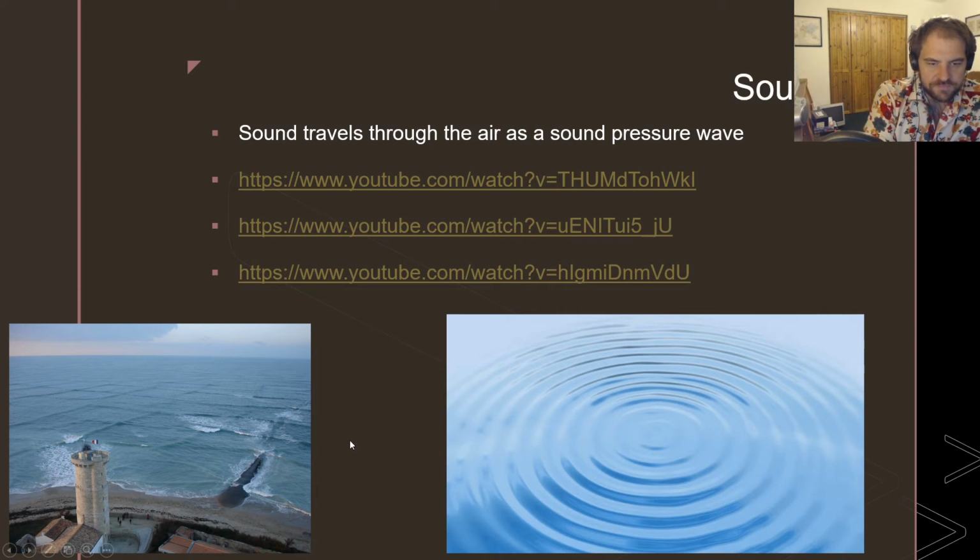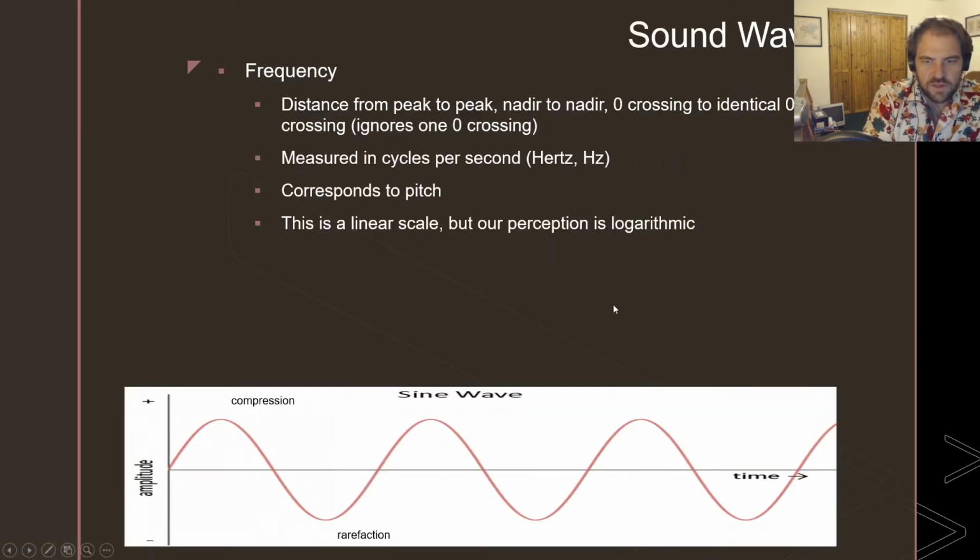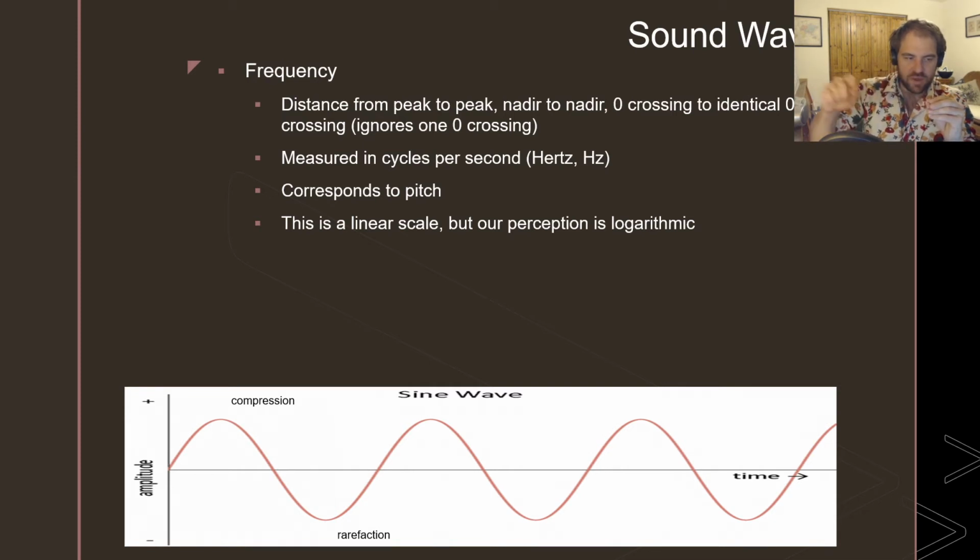All right. So let's talk quickly about frequency, the frequency of the sound. Frequency is also related to pitch. So frequency is what we measure, like how often the wave repeats itself. That's the definition of frequency.